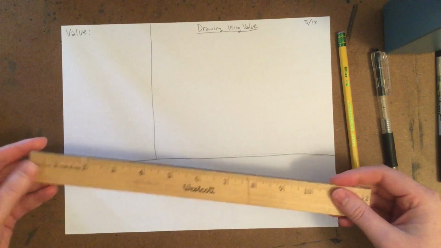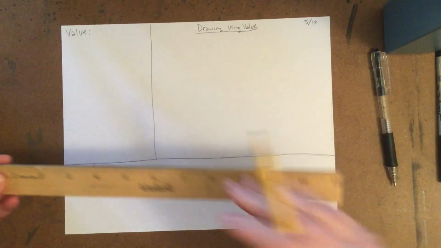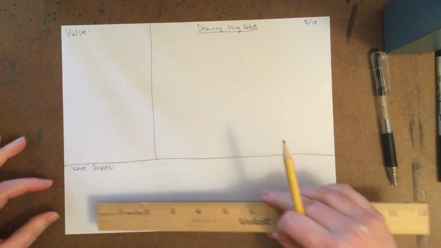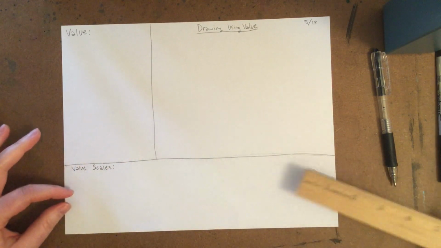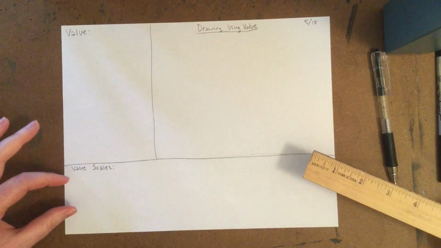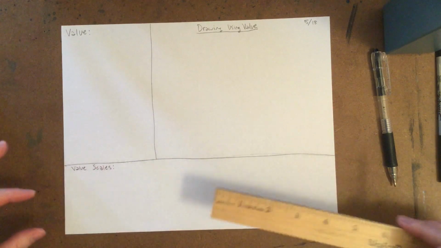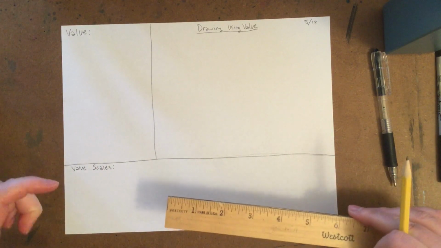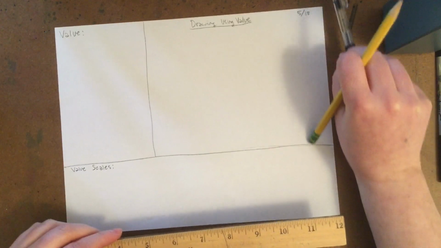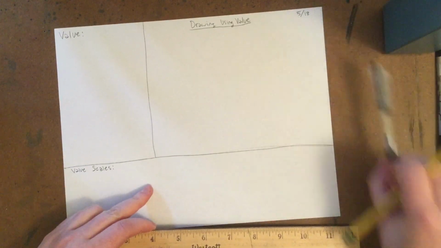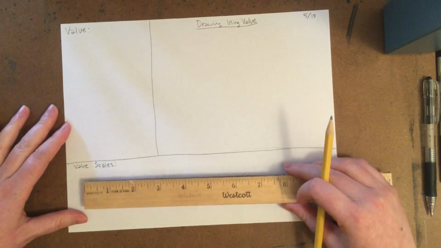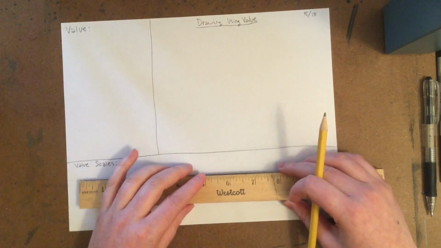This is optional, so you do not have to measure and get this exactly right, but I do want you to do a 10-inch value scale with at least 10 sections. The easiest way to do this is to measure and have each section be 1 inch by 1 inch, and they're going to be here along the bottom, but it's not super important for everything to be exactly as accurate as possible. That's not really the part that I'm worried about.